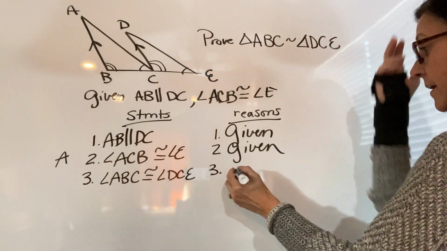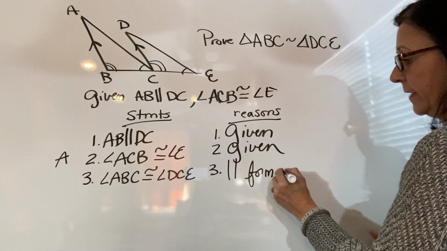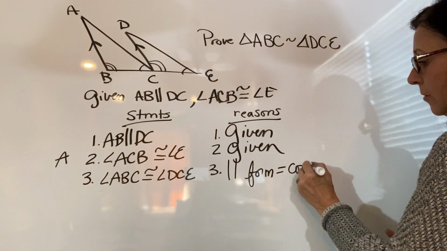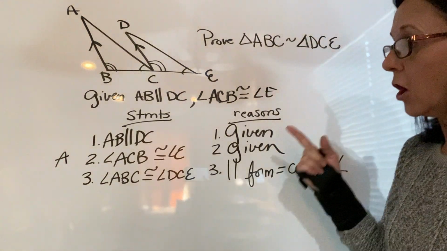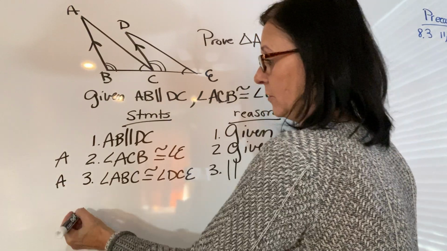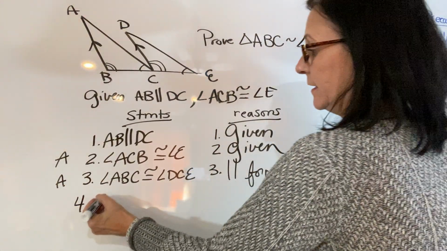Why? Parallel lines form equal corresponding angles. That's all I need, two angles, and now I've already proven it.